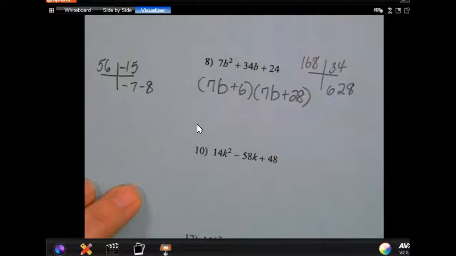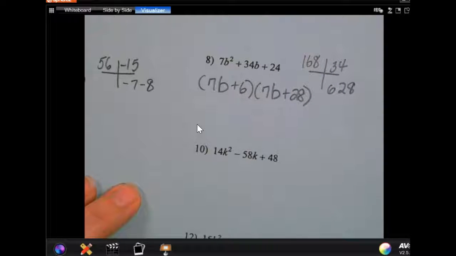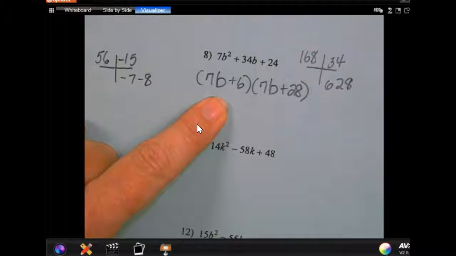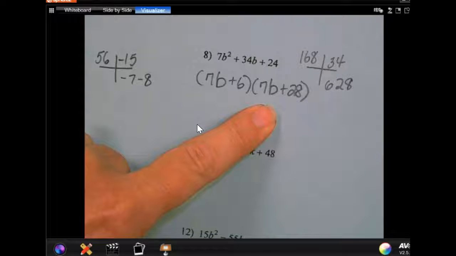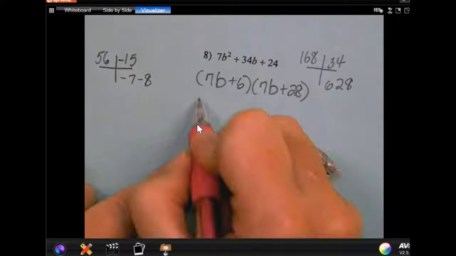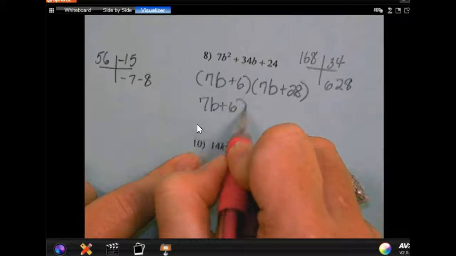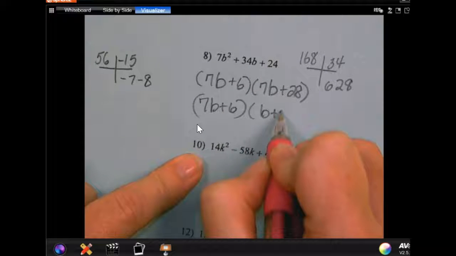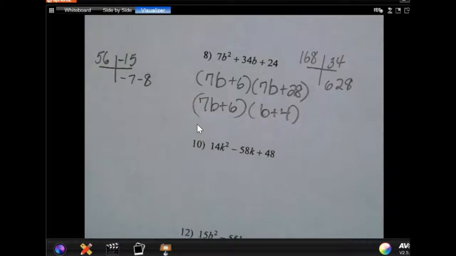Yes. There we go. So, inside the first parenthesis, can I reduce anything? How about the second? What can I reduce by in the second? 7. So we get 7b plus 6 and b plus 4, and we're factored.